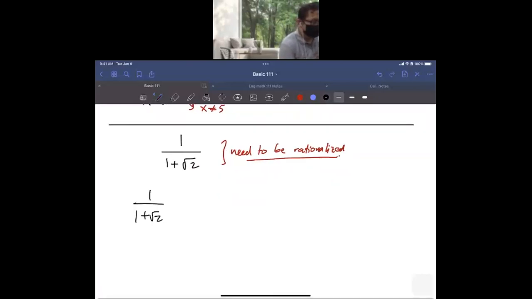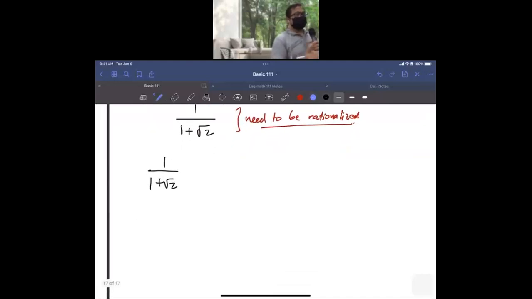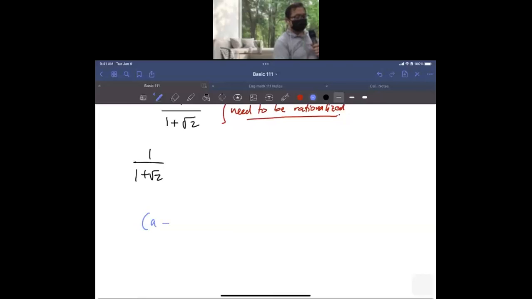And how to do that is basically, remember, when we have a minus b and then a plus b, we multiply this, we get a squared minus b squared, right?